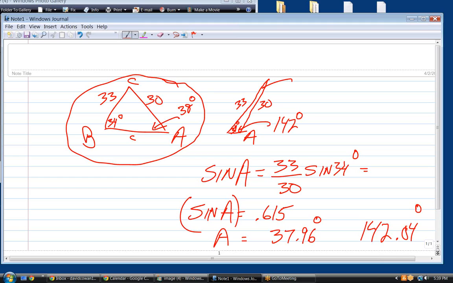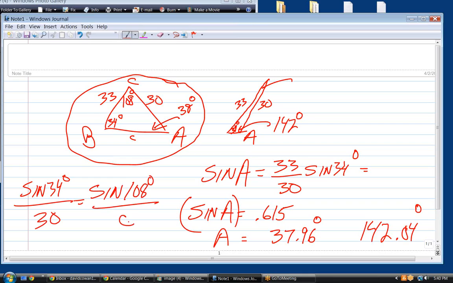But what can we figure out real easily? Angle C. And what is that? 108. Okay. Now we can use the law of sines. We have the sine of 34 degrees over 30 equals the sine of 108 over side C.